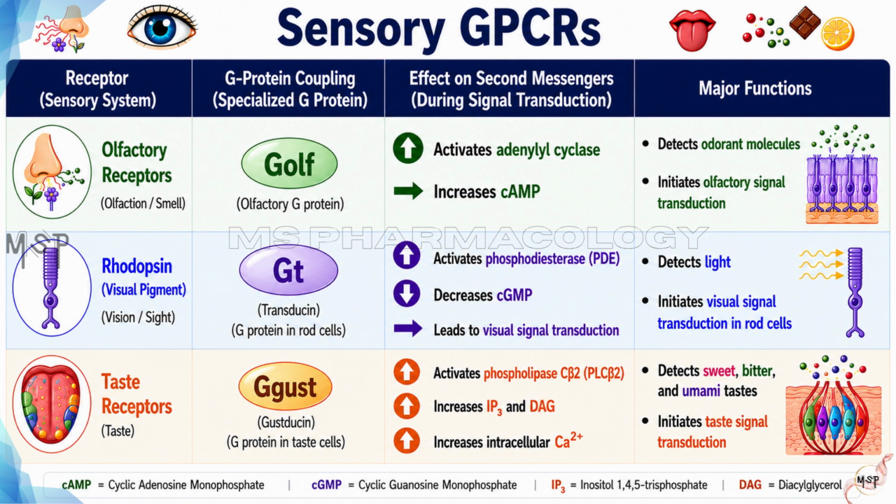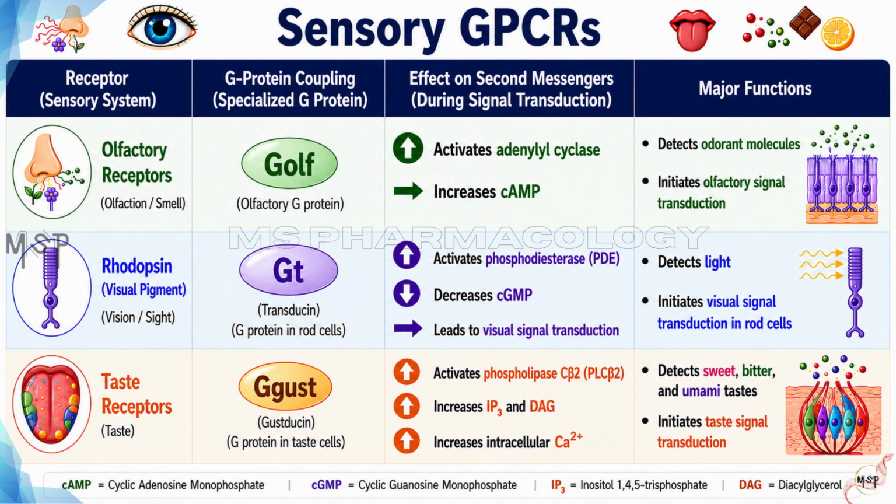Finally, we have the taste receptors, which detect sweet, bitter, and umami tastes. These receptors couple to gustducin, or G-GUST. Activation of gustducin stimulates phospholipase C beta-2, increasing inositol 1,4,5 trisphosphate, IP3, diacylglycerol, DAG, and intracellular calcium ions, thereby initiating taste signal transduction.